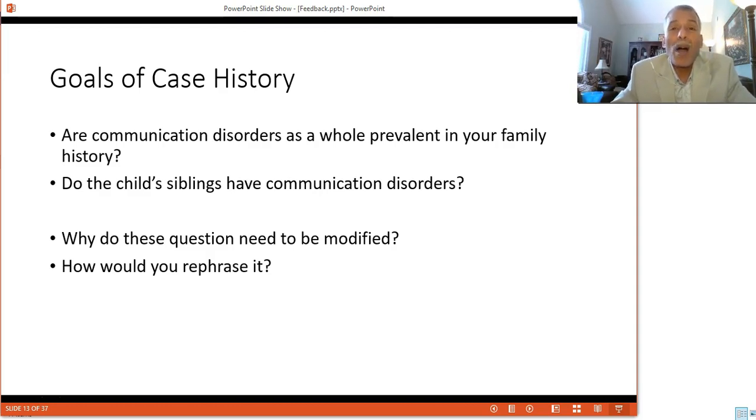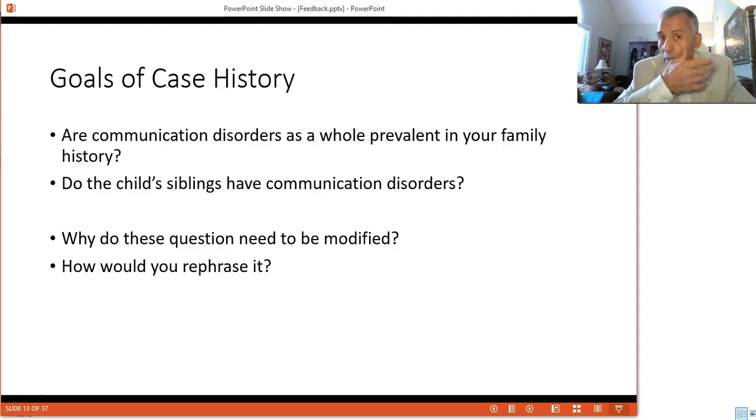Communication disorders, what are communication disorders? You are throwing in terms that are extremely vague, and many people who are not professionals are not going to know what these are. There was some research back in 2000 showing more than 65% of primary care physicians did not know what a speech language pathologist did.